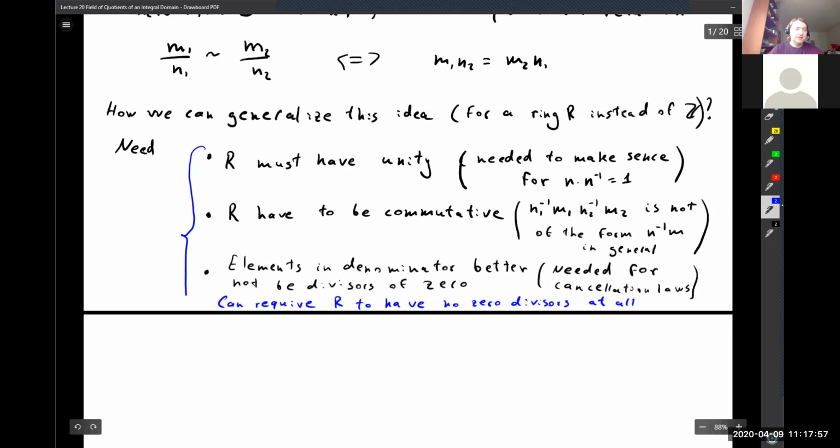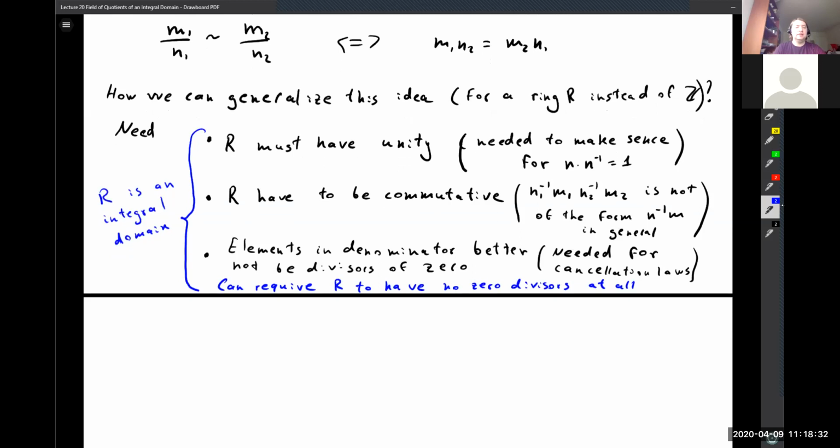So if we combine all these things together, we will get that R should be an integral domain. This literally means that R is an integral domain. And that's precisely the framework we will be working in today.